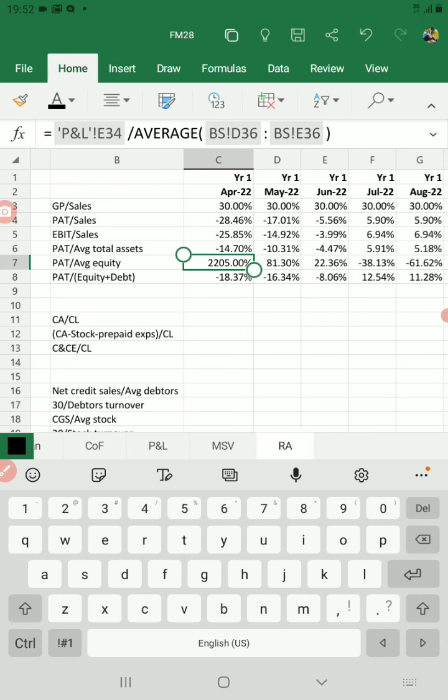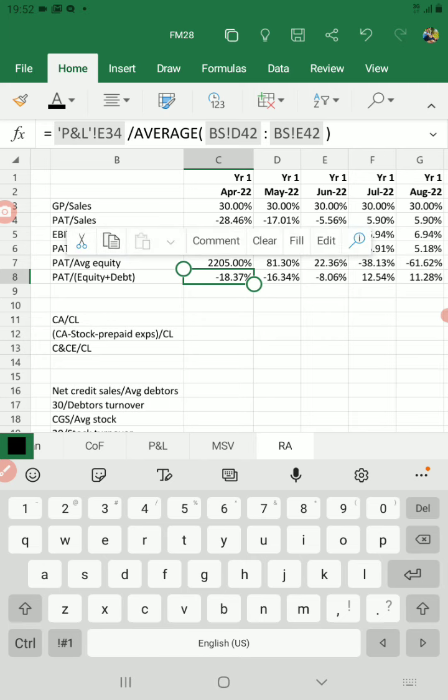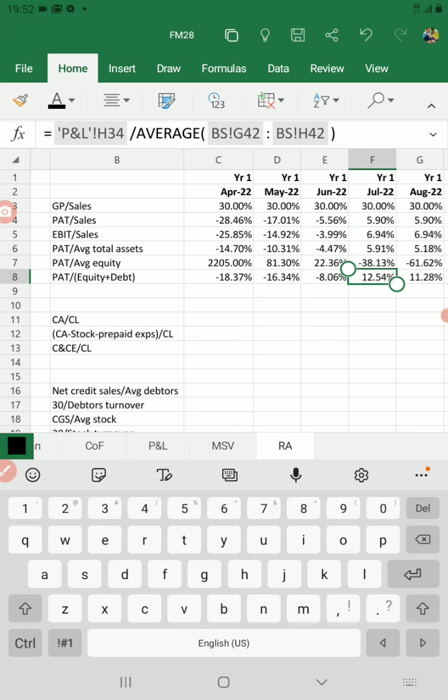Okay, but you now need to be careful, because these ratios are on a monthly basis. If you have a business that is seasonal, then you cannot compare the ratios in the month of April with the ratios in July. It depends on the cash flow pattern, the normal pattern of the business.